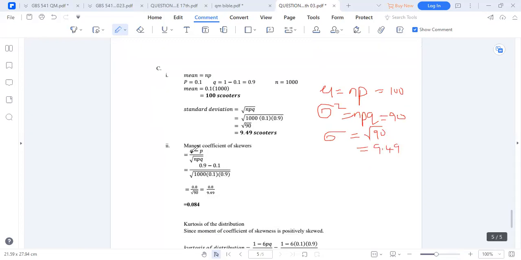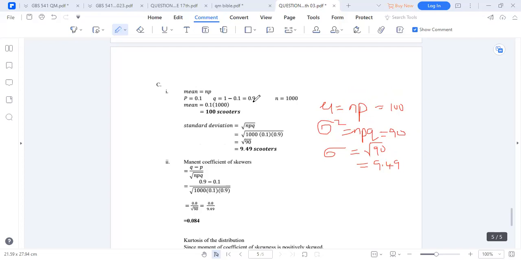So the moment of skewness is simply, firstly start by subtracting your Q minus P over our standard deviation. So our Q was what? Our Q was 0.9, our P was 0.1.